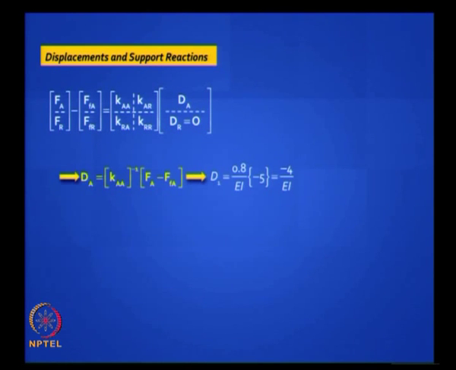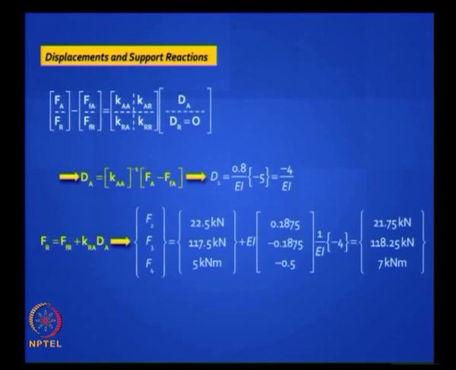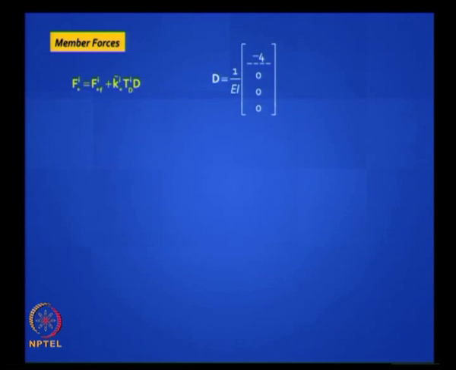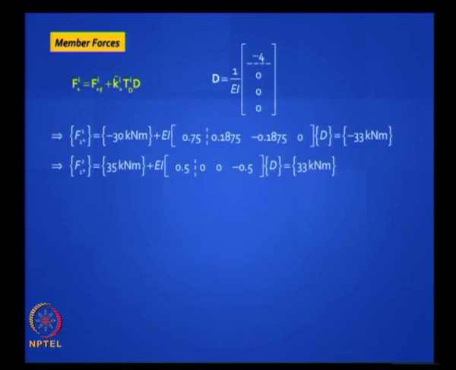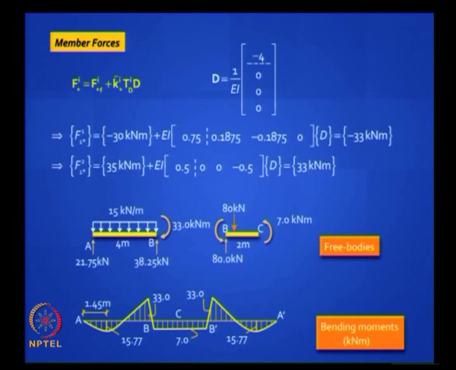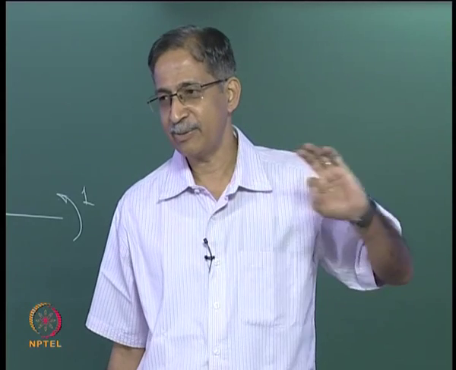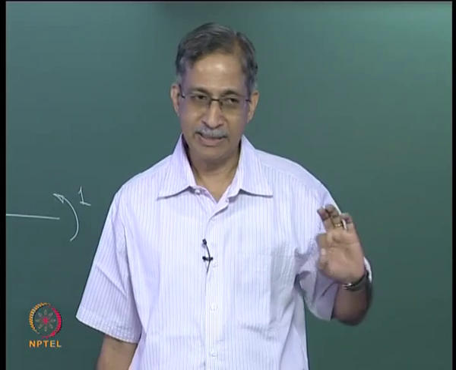Same procedure, find the unknown displacement, it's 4 by EI, find the support reaction, you will get exactly what we got earlier. Member forces, that's it. So be careful about this particular shortcut, but you can cross check with your previous examples.